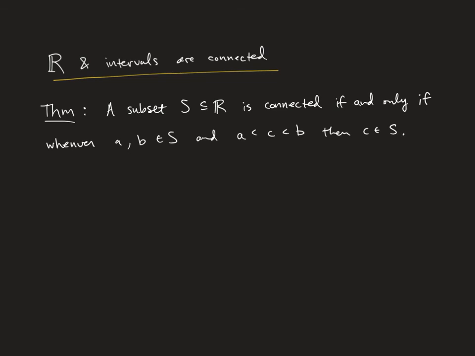Okay, so sort of intuitively, if any two things are in S, then the whole interval between A and B is in S. So if a subset has that property, then it's connected, and vice versa. If it's connected, it has that property. And of course, any interval has this property. So this proposition will immediately imply that intervals, and in particular R, are connected subsets.